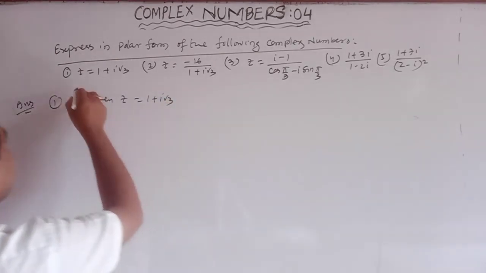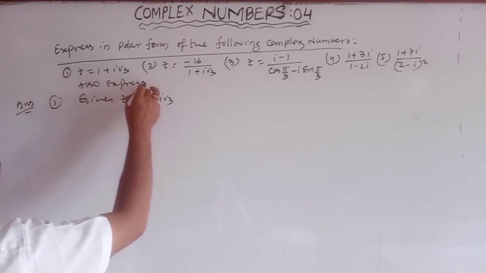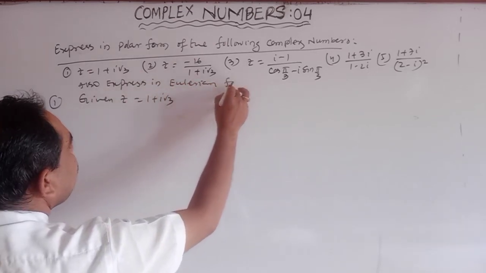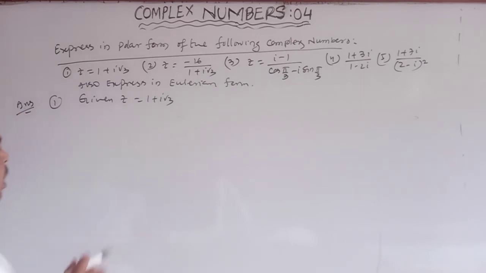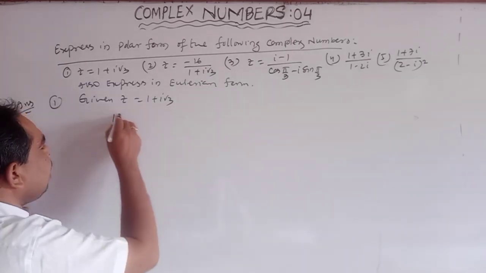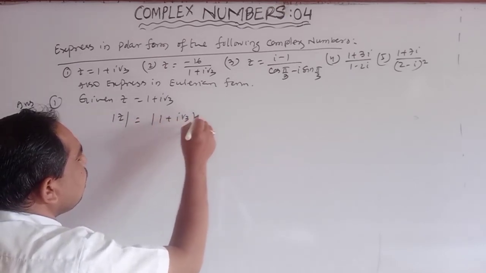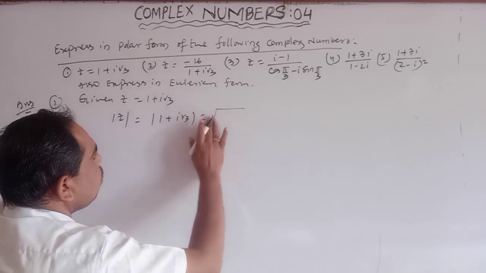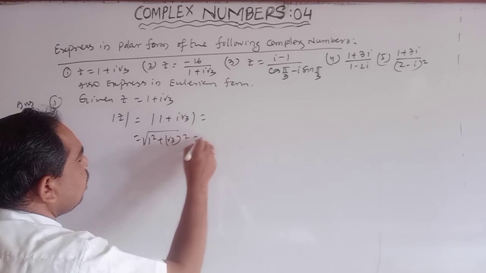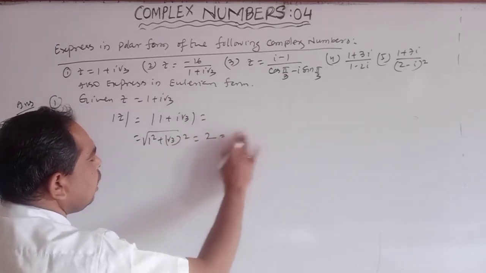First find the modulus of z. Mod z is equal to mod of 1 plus i root 3, which is equal to square root of 1 square plus root 3 square, that is 2. This is r.